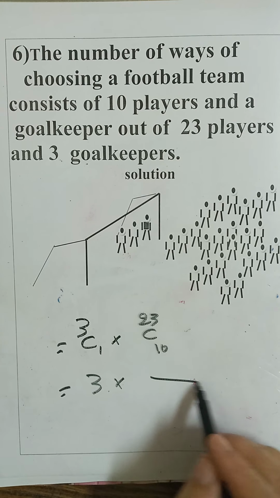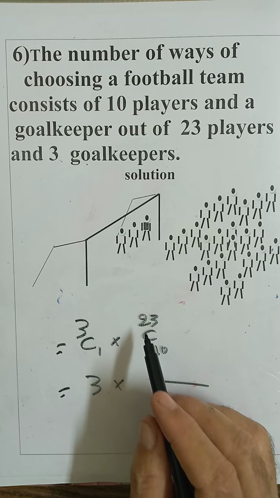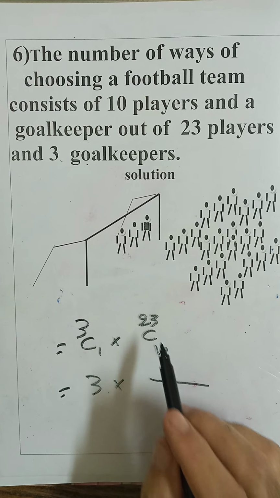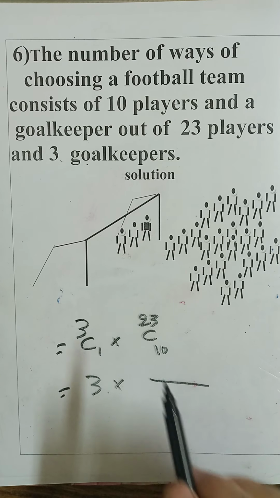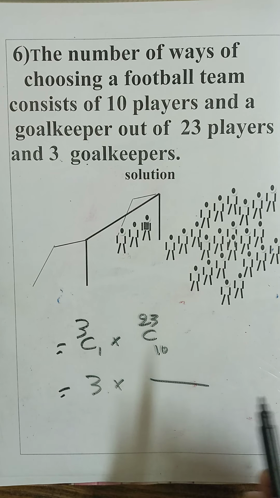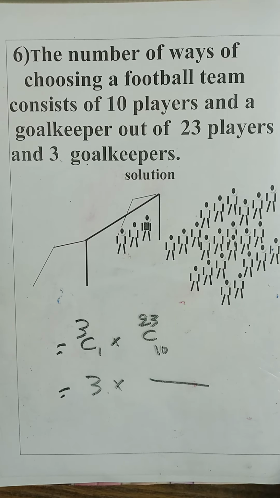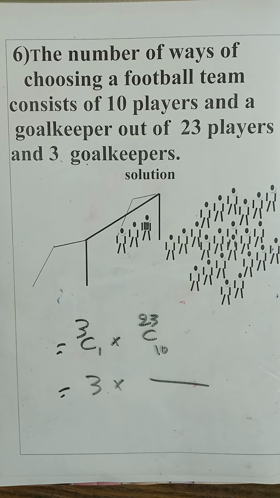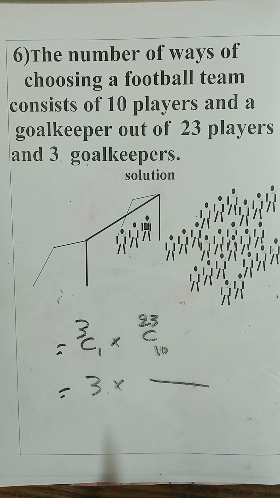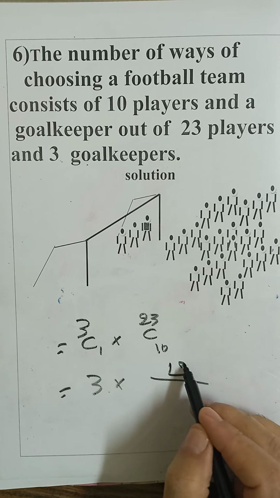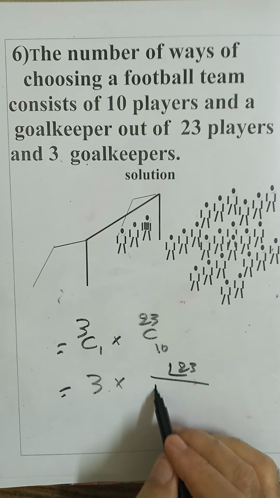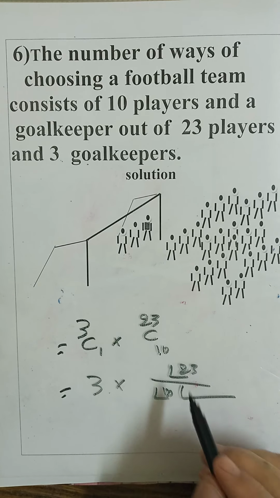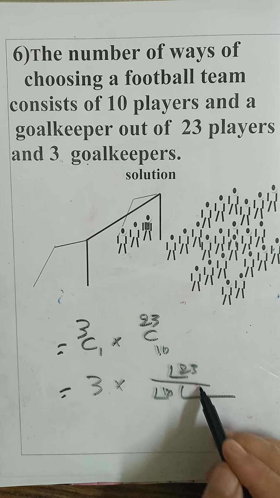23C10 is 23 times 22 times 21 down to 14 over factorial 10. We know that nCR equals factorial n over factorial R times factorial n minus R. 23 minus 10 equals 13.